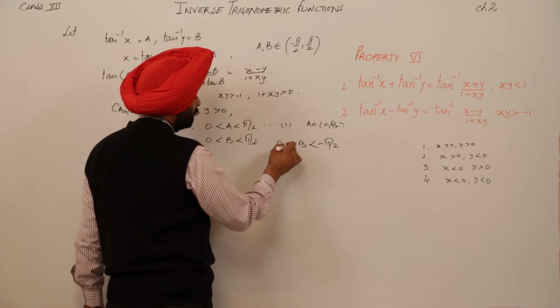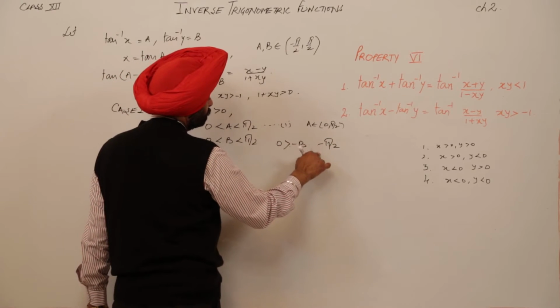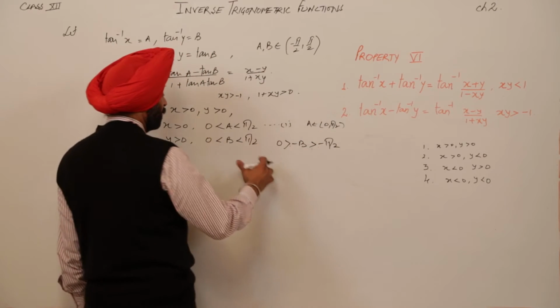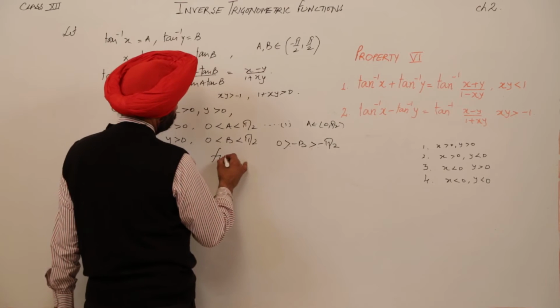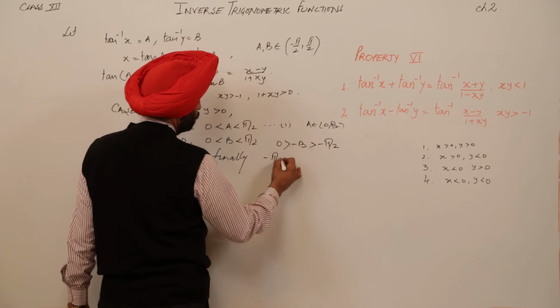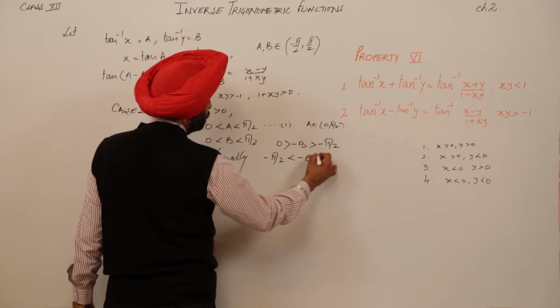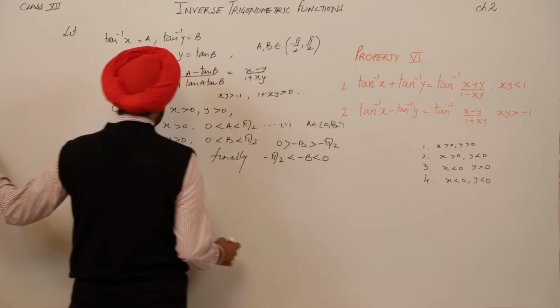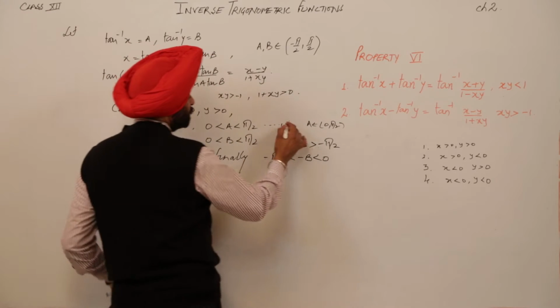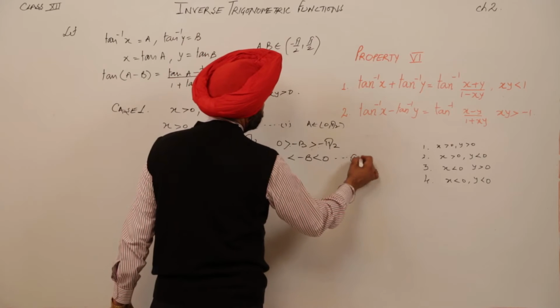Sorry, 0 is greater than minus b is greater than minus pi by 2, and finally this becomes minus pi by 2 is less than minus b is less than 0. Okay, so now we go for this part. This is the first and this is the second part.